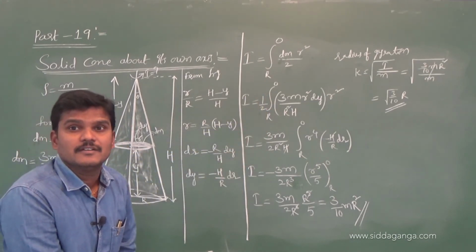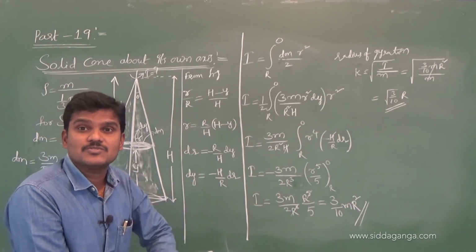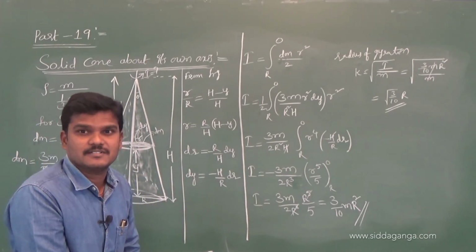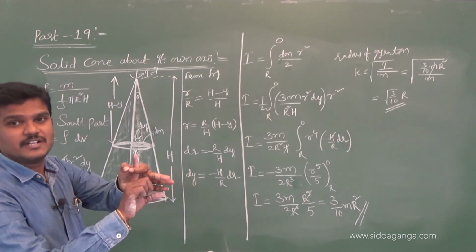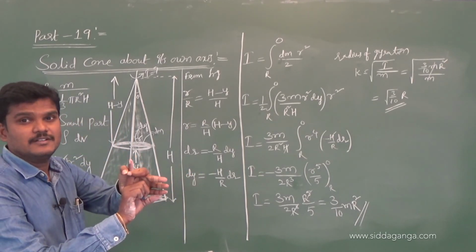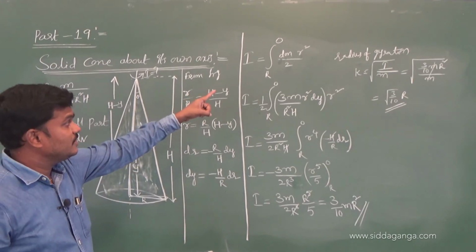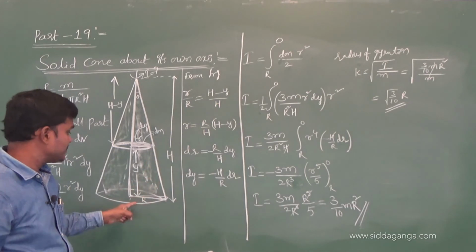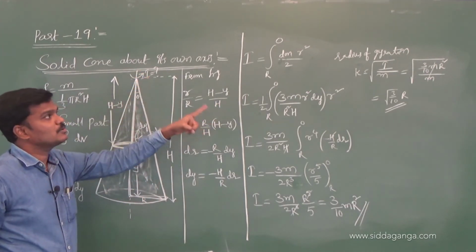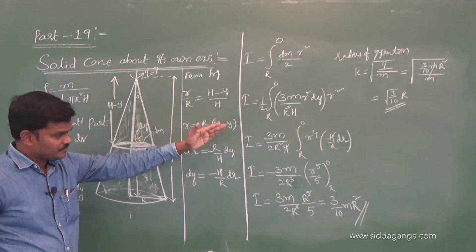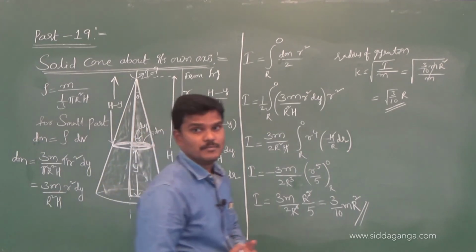Because for a small part, if you take it outside, that small part looks like a circular disc whose radius is r, and the axis passes through the center perpendicular to the plane. And I substituted some limits. What are the limits? The lower limit starts with r and ends with 0 radius, so r to 0, and I substituted all the values. Finally I got 3 by 10 m r square.